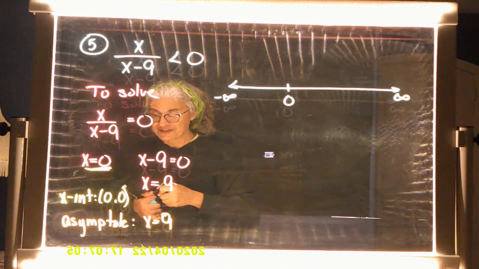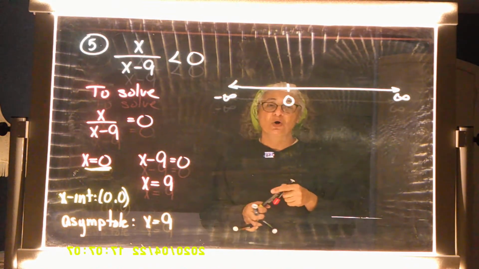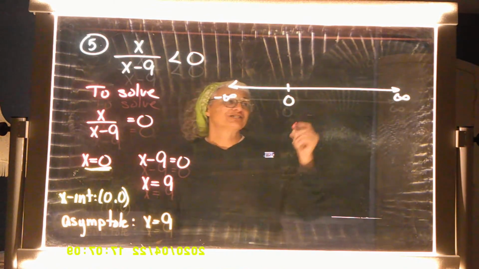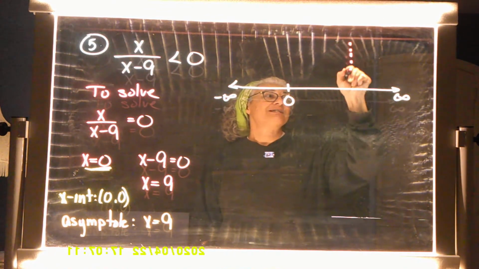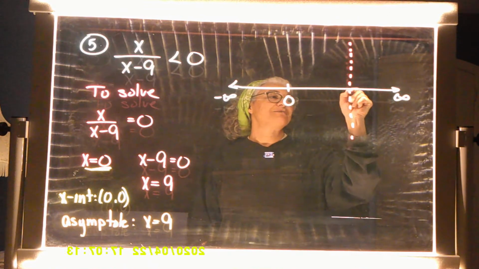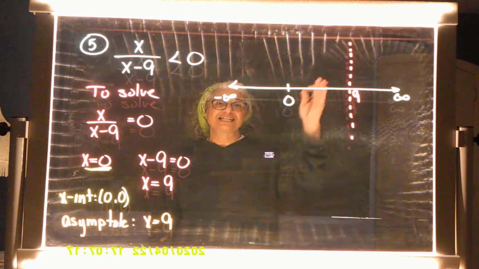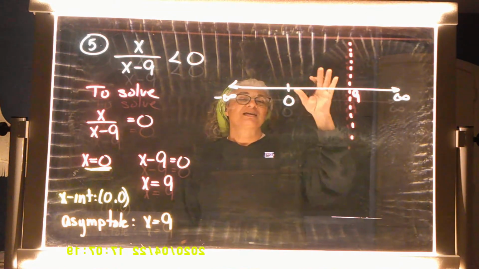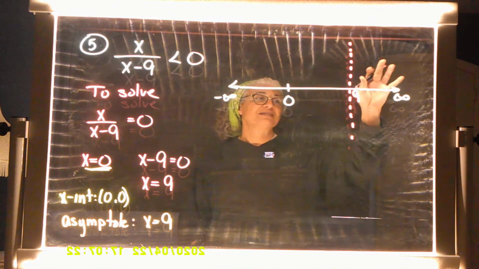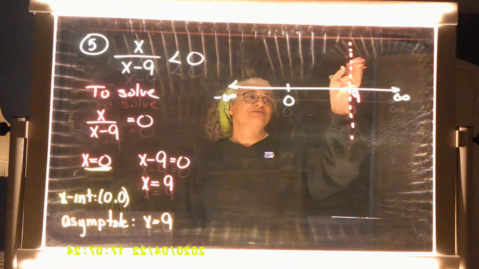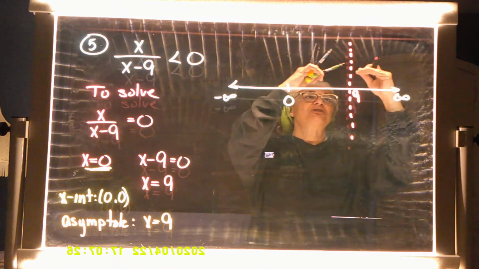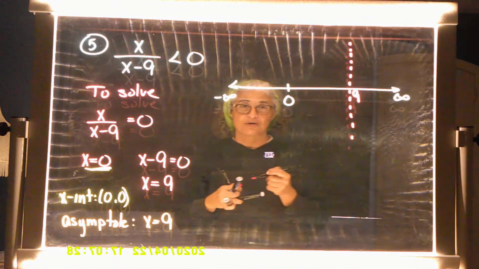And now I've got this asymptote. I've got this wall. And yes, I change colors. Why? Because I need to make it very plain to myself that this 9 is a wall, which means this side of the graph and this side of the graph can never get through the wall. They will come close, but they will never pass through the wall.